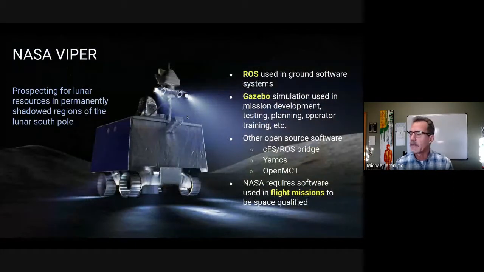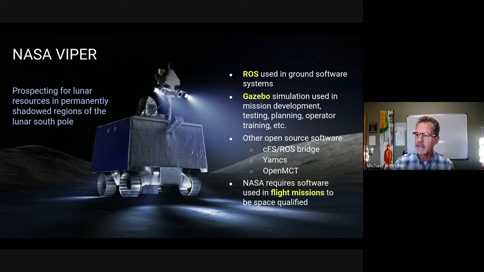And coming up is NASA's Viper, which is a mission to the lunar South Pole in 2024. They're prospecting for resources, looking for water in particular, and performing science experiments as well. In this system, ROS2 will be used on the ground software, and it's also making heavy use of Gazebo. So there's simulation of the lunar surface.